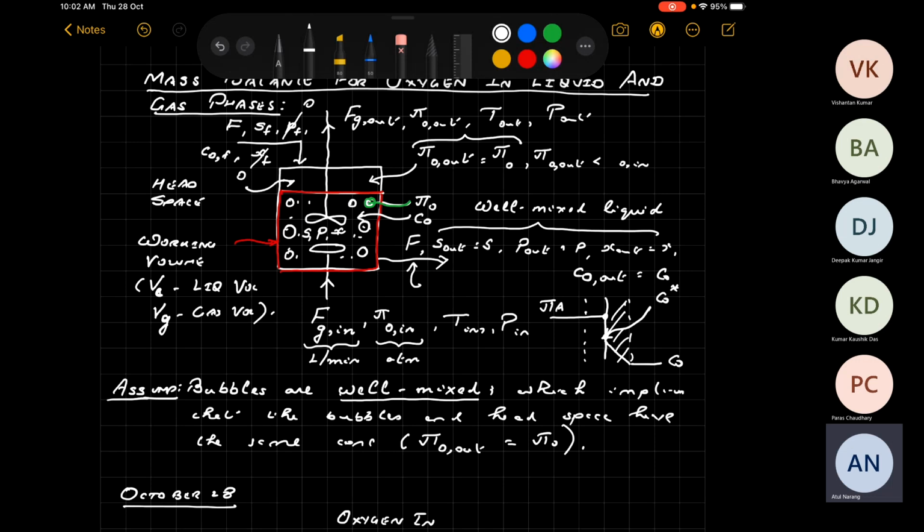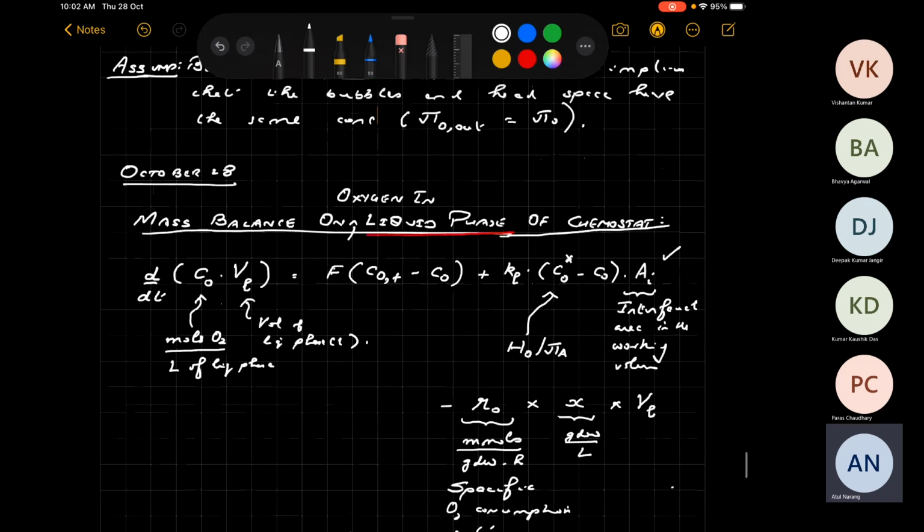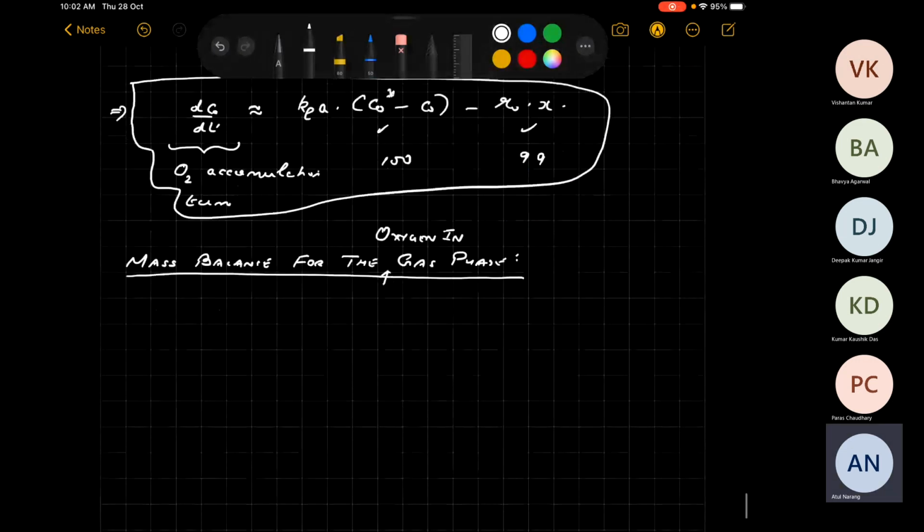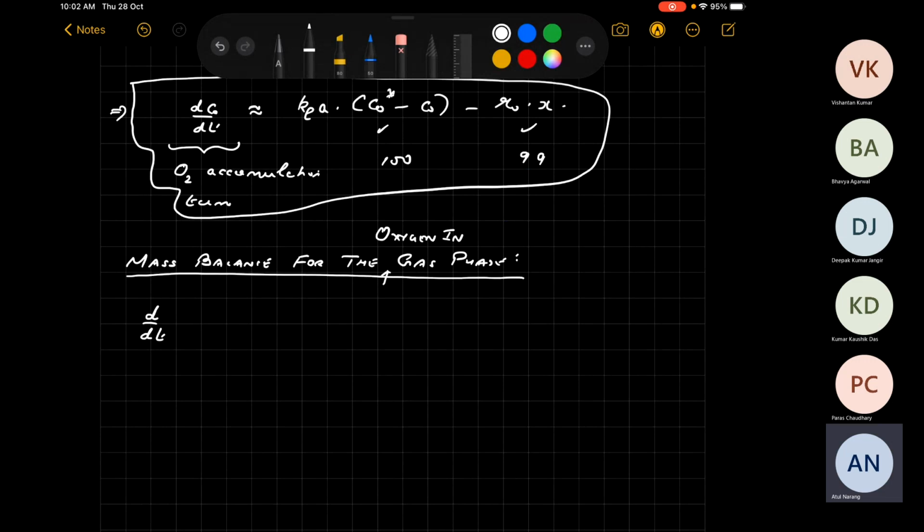So if we lump this entire gas phase together, and let's say we have dC/dt, I will use the notation, since we're doing a mass balance here, C_O,G.